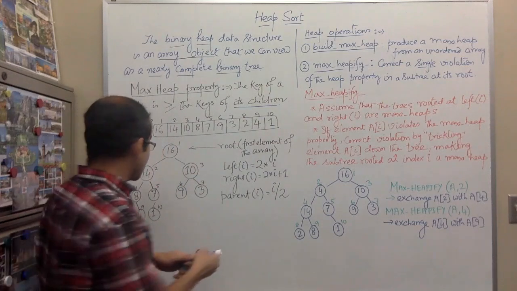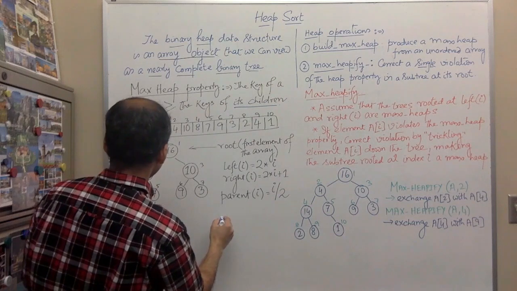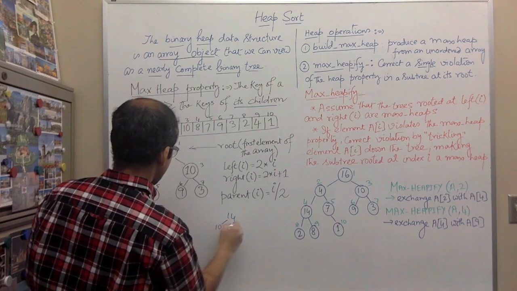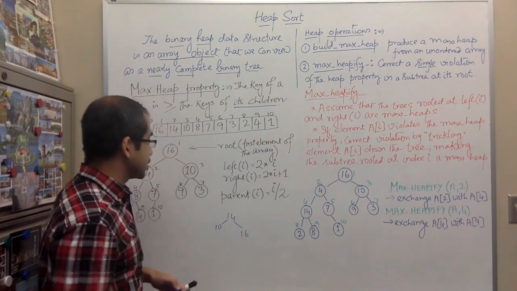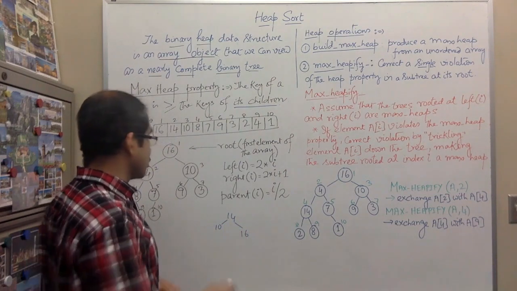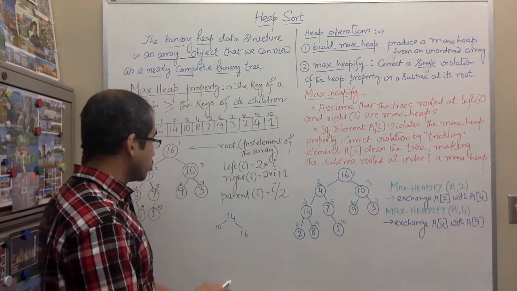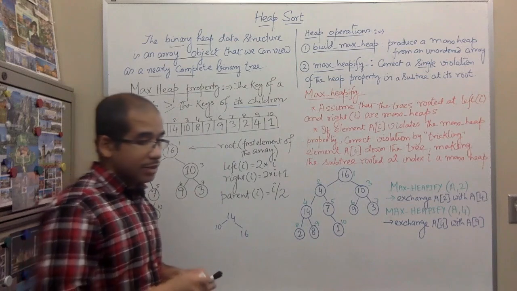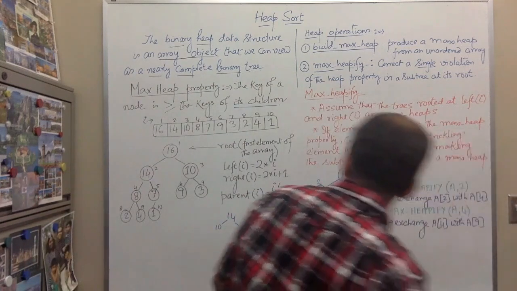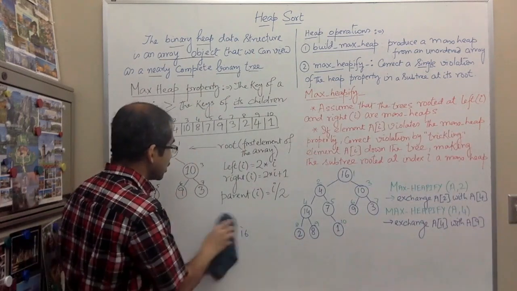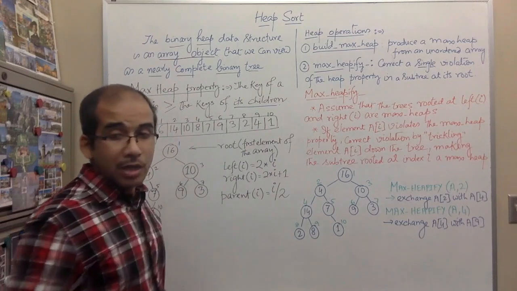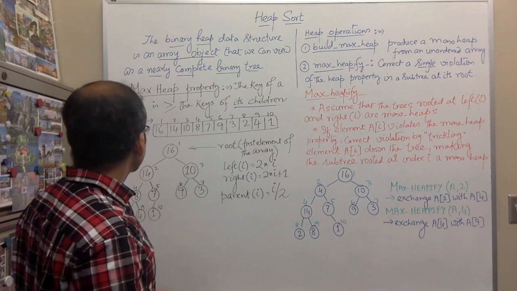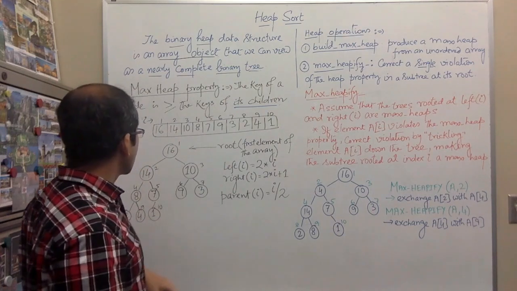So it will be like this: this is 14, this is 10, and this is 16. But this is a heap data structure, not a binary search tree. The heap property is that the key value of the root is greater than (or, in a min heap, less than) the key values of the left and the right child.